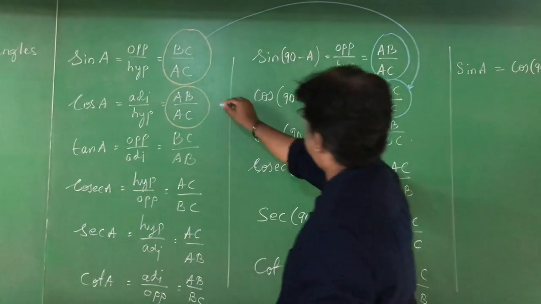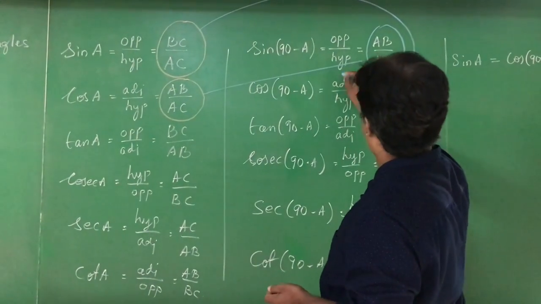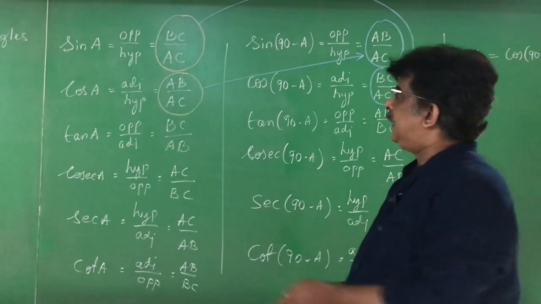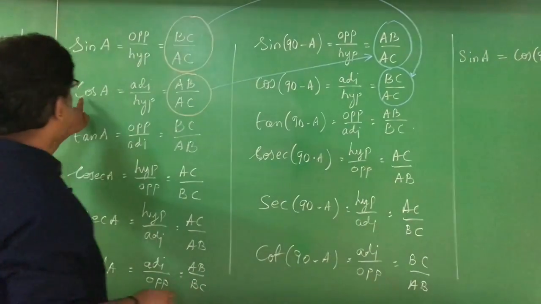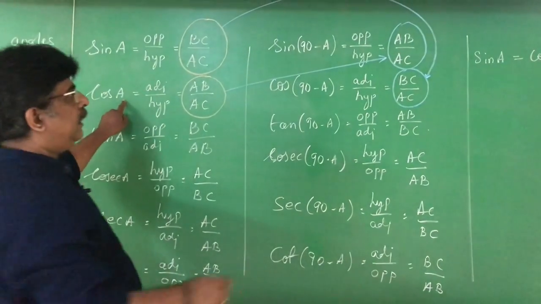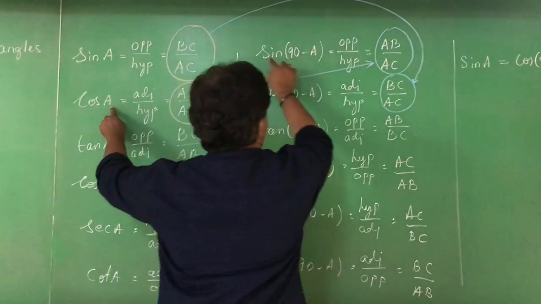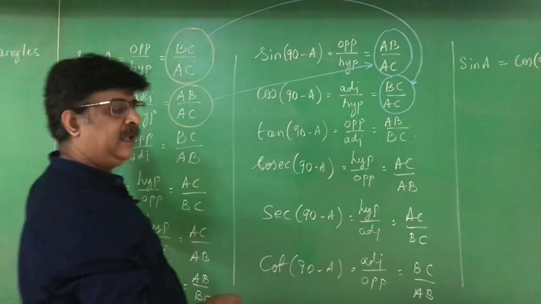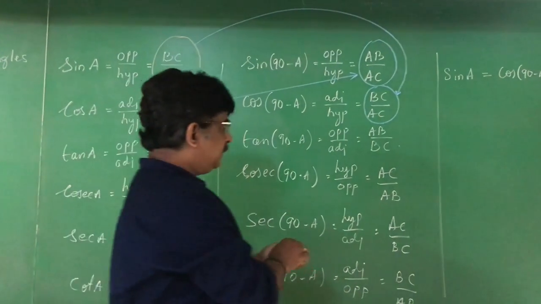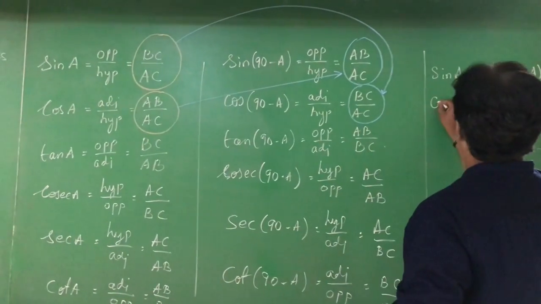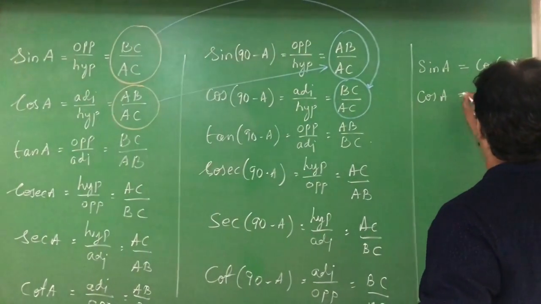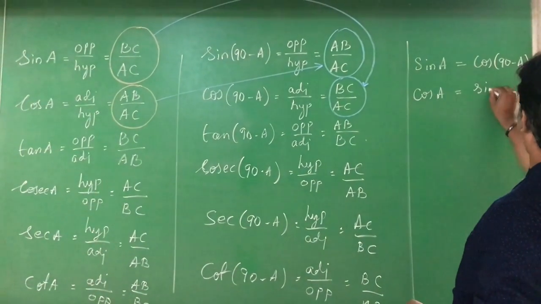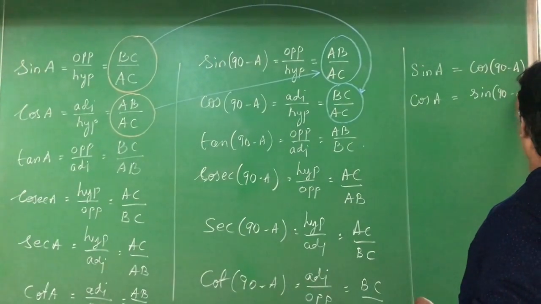Therefore, this AB by AC and this AB by AC is same. Here I got AB by AC for cos A. Here I got AB by AC for sin 90 minus A. Therefore, cos A is equal to sin 90 minus A.